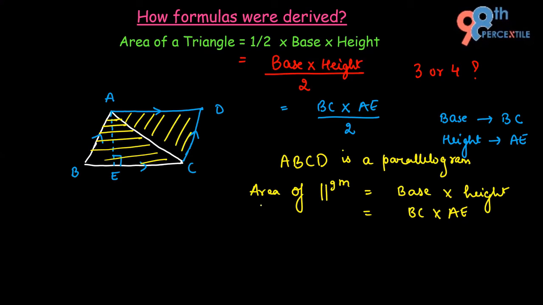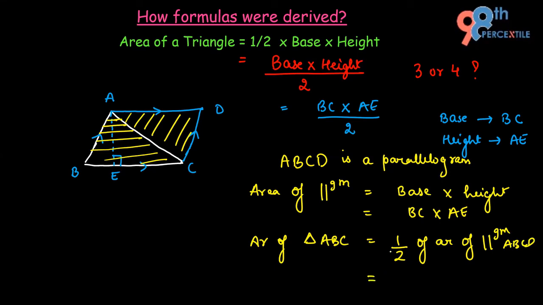And this is the reason that the area of triangle ABC becomes half of the area of parallelogram ABCD. And we just found out that the area of the parallelogram is nothing but BC times AE. So half of that will be BC times AE divided by 2.